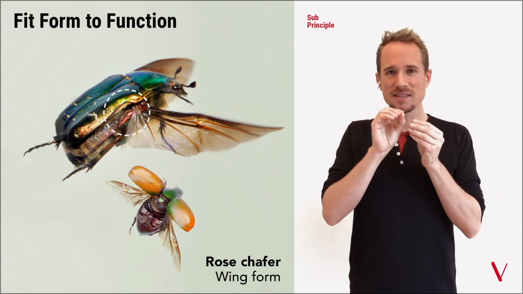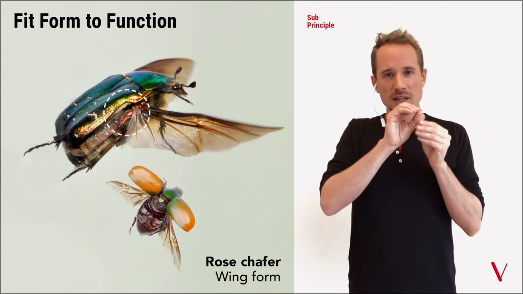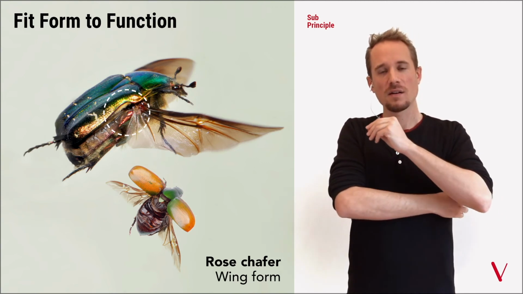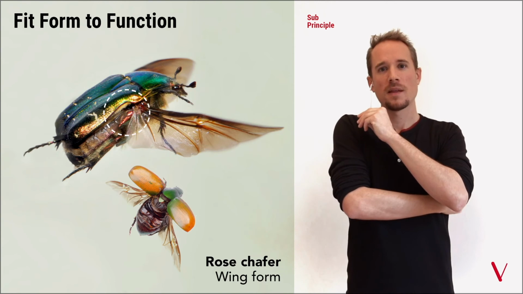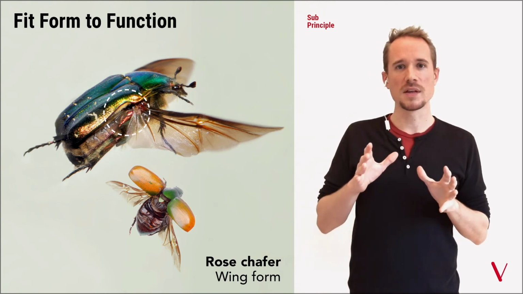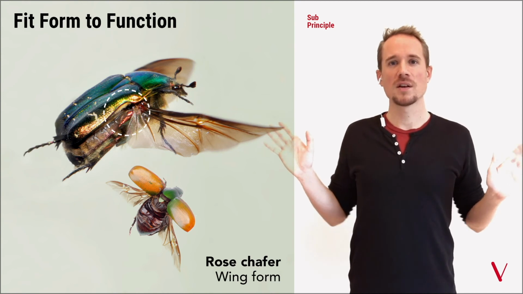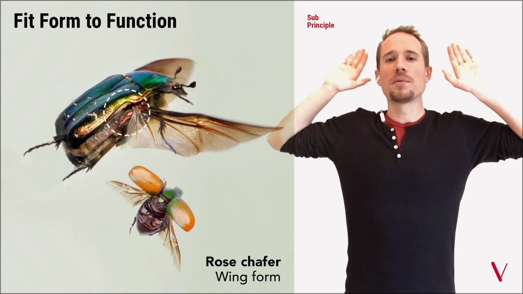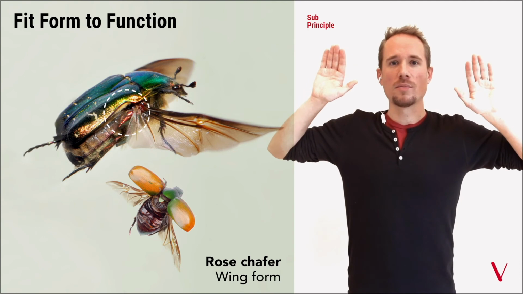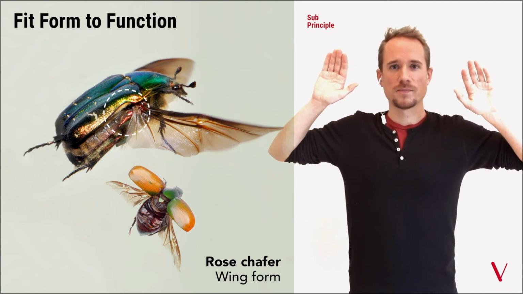Just a slight tiny edge on the side of the protective armor has given rose chafers the ability to fly with their second pair of wings without having to open up the protective armor pair of wings.